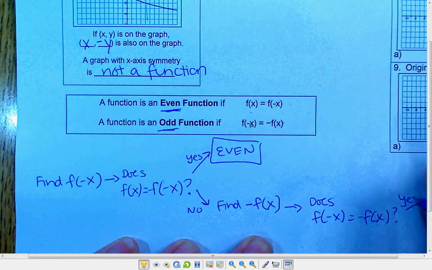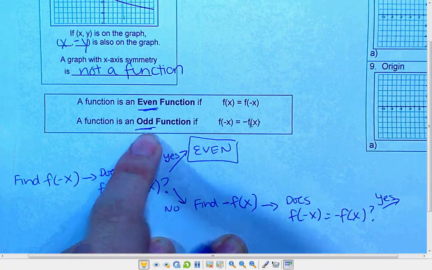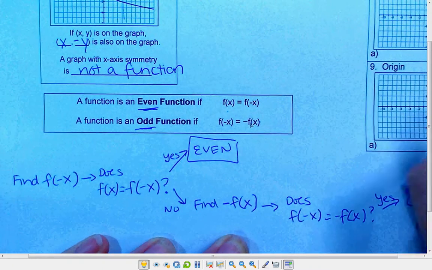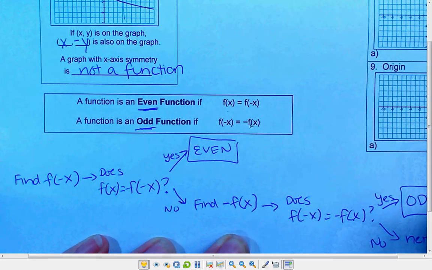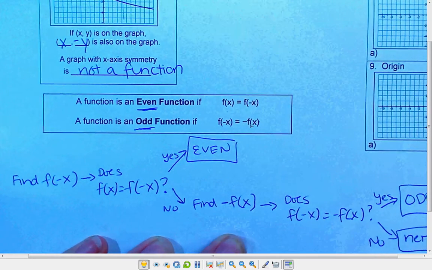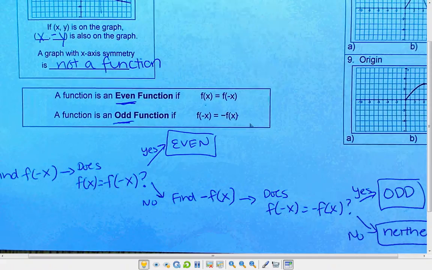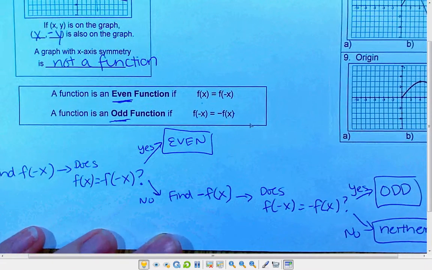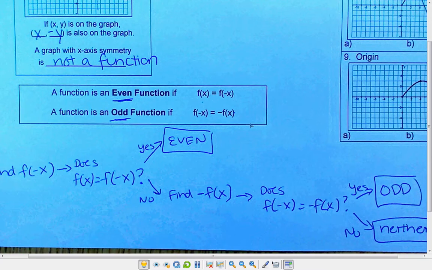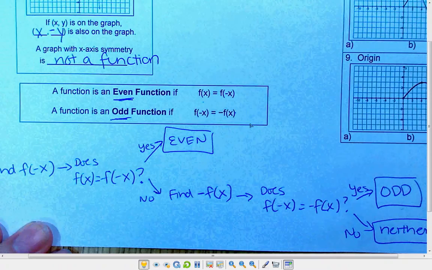If yes, then it's an odd function. If no, then it's neither odd nor even. Okay, so this is really the flow chart that we're going to be following to figure out, is it even, odd, or neither? So let's take a look at our problems on the top of this page.